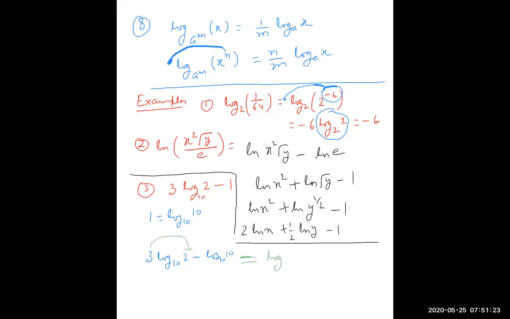That means log 10 2 raised to power 3 minus log 10 10. Now this log 10 2 raised to power 3 is how much? 8, minus log 10 10. So my quotient rule now, log A minus log B is equal to log A upon B. So log 10 8 upon 10. So finally you are getting log 10, cancel this, 4 upon 5. This is the answer.